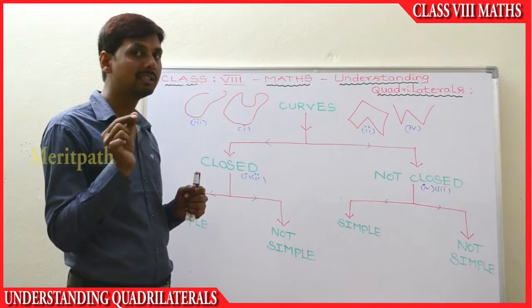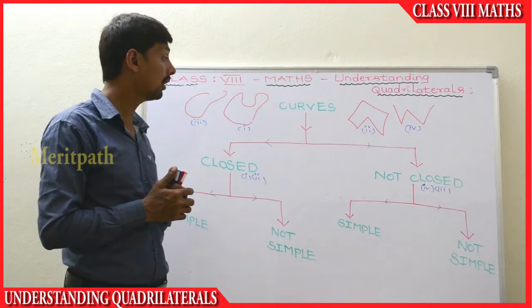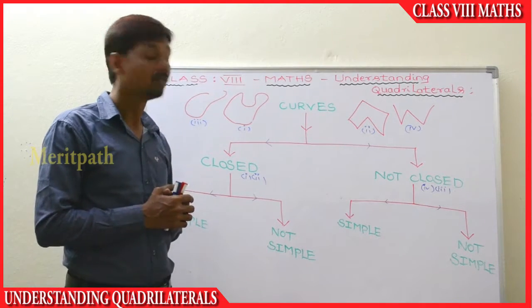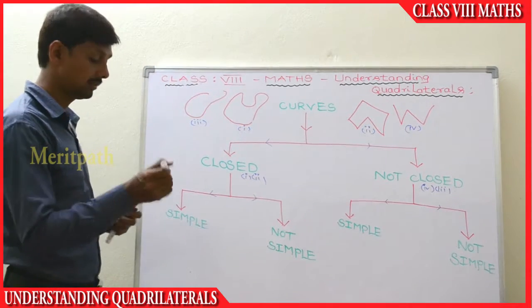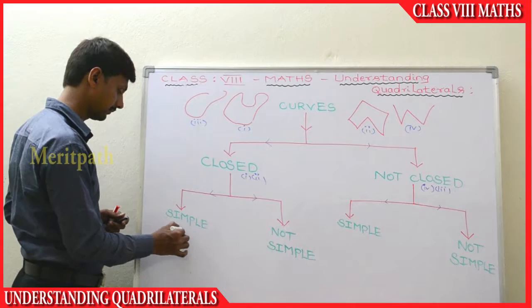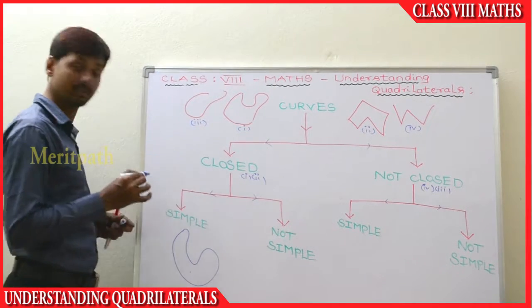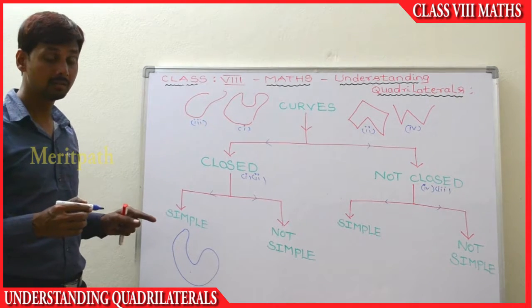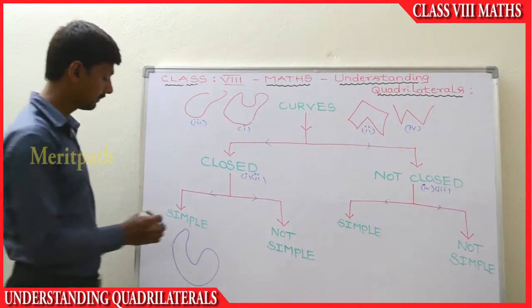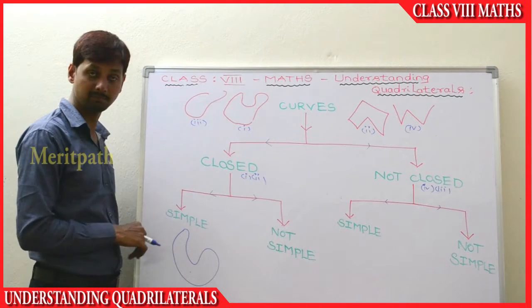Where the line intersects the line we have drawn previously, that is called not simple. For example, for simple and not simple, this is a simple curve. The reason is the line is not intersecting itself, so that's the reason it is simple.